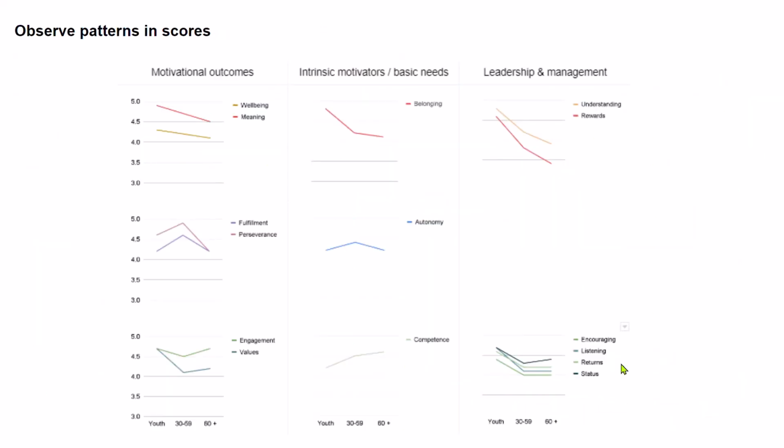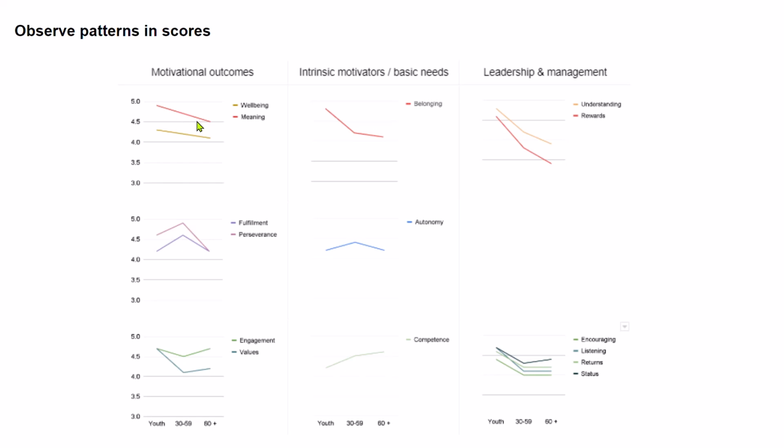Now, because age groups are about age, and age increases, let's sort of pretend that we have just three ages: the youth, the middle-aged, and the older volunteers. And here, what I did is I plotted trends. So I put the scores for, say, meaning: the score for the youth, the score for the middle group, and the score for the older group.